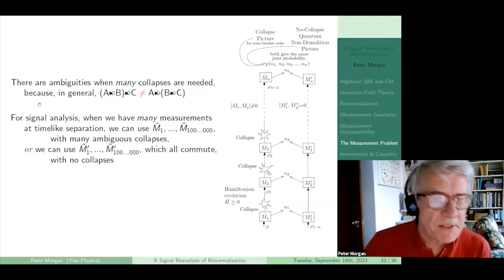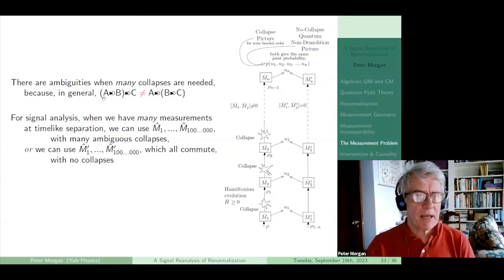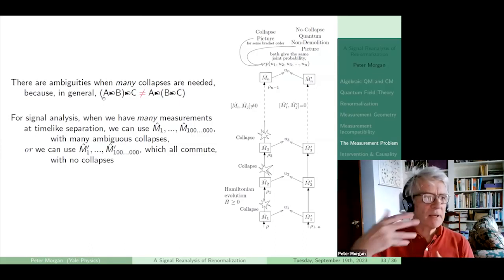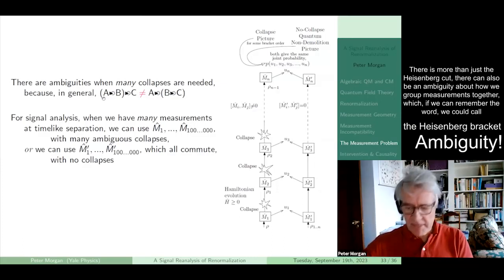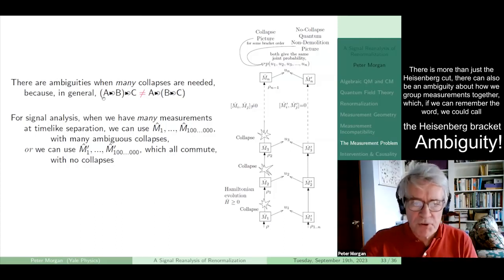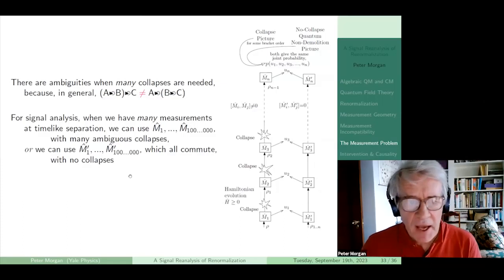So there are ambiguities when we're describing many collapses, because this collapse product, everything I've tried to construct, is actually not an associative construction. So instead of the Heisenberg cut, we actually have a Heisenberg bracketing. It's not very clear which choice we should make in many cases.